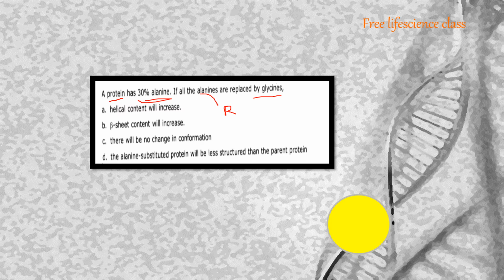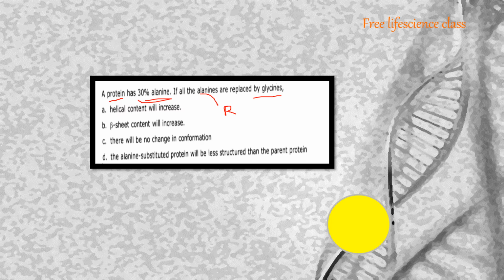Okay, so when side chains are present in an amino acid, when it forms a protein, they will help in forming a basic structure. So if you remove this alanine from a protein and replace it by glycine, the basic change will happen to the structure of the protein.